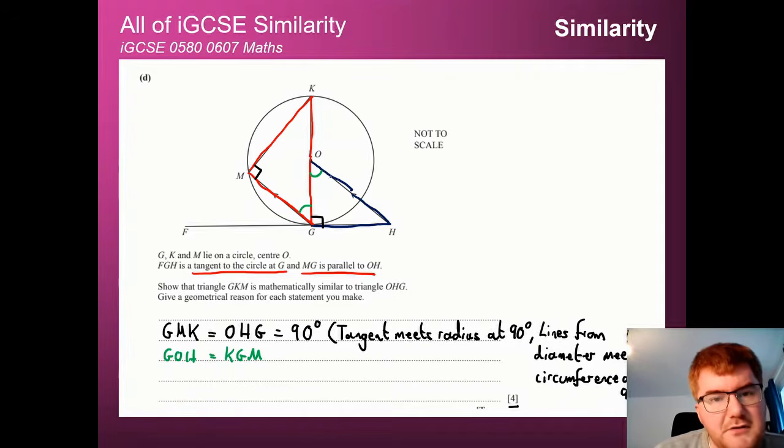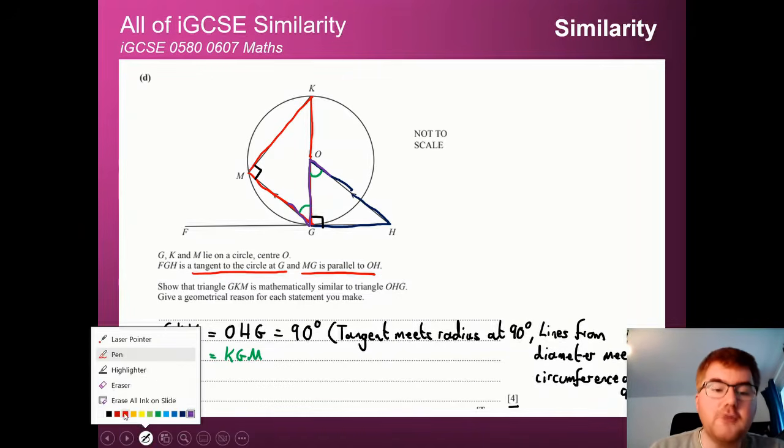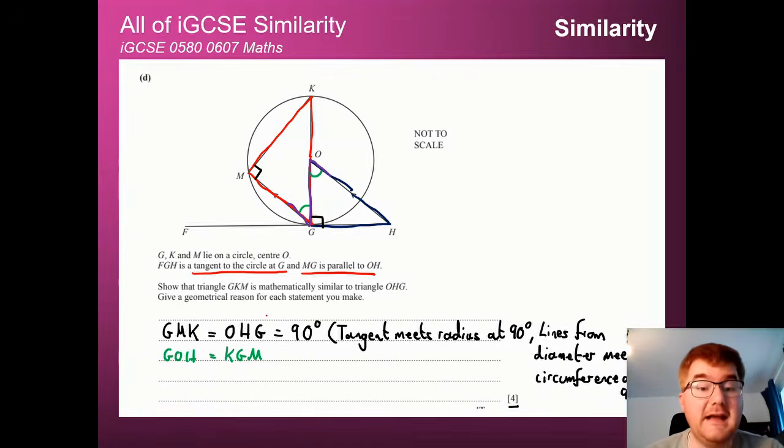So if I do this now with my 2 triangles, notice there is what's called informally a Z angle. And so we need to give the proper reason for this. We need to use the right language here. And the reason is that alternate, so the Z angle is known as alternate angles are equal.